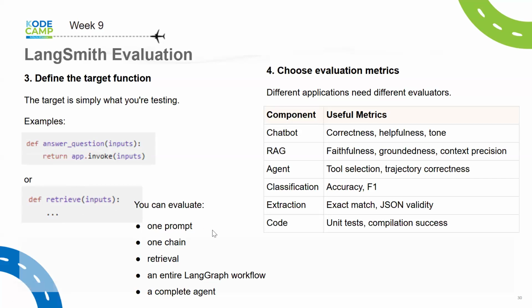And what you could do is you could evaluate just one prompt, a single prompt. Or you could evaluate a whole chain, a prompt chain. Or you could evaluate retrieval. Or you can evaluate an entire workflow, built from LangChain, LangGraph, or an entire complete agent, like in this case.